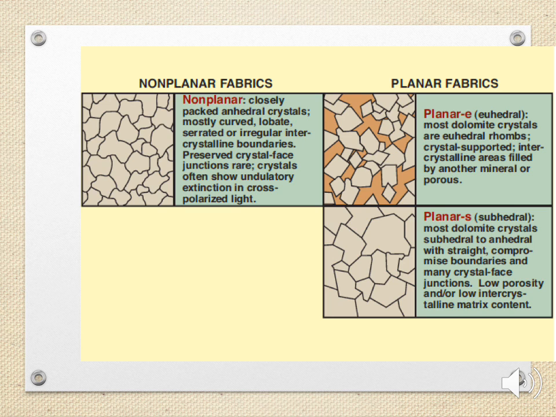And then we have planar subhedral where you have nice smooth flat edges on some sides, and then the other sides have lots of junctions, and so the edges are not that smooth.